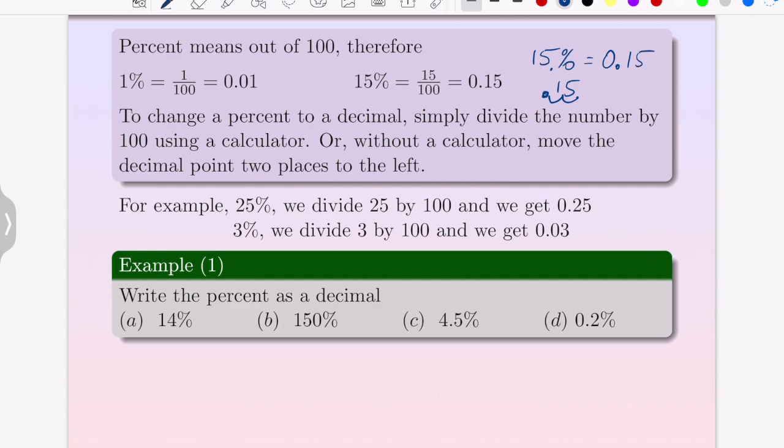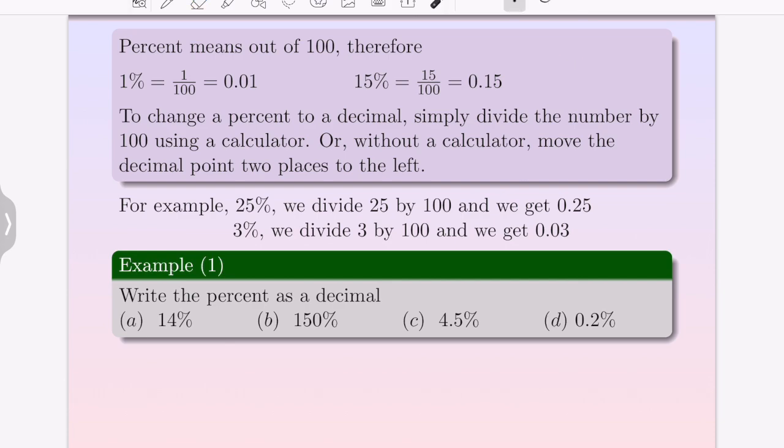If you have, for example, 3%, that means the number 3, and you're moving the decimal 1 and 2, so your decimal would be before a 0 here. The rest we fill in with zeros, so we would have 0.03. The easiest way might be just to divide using a calculator.